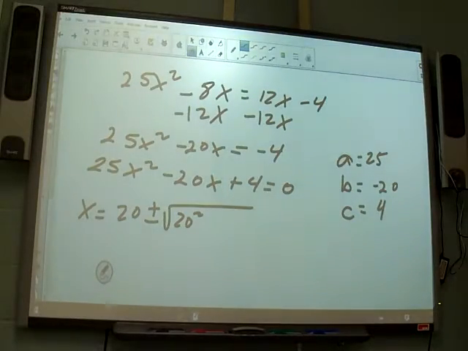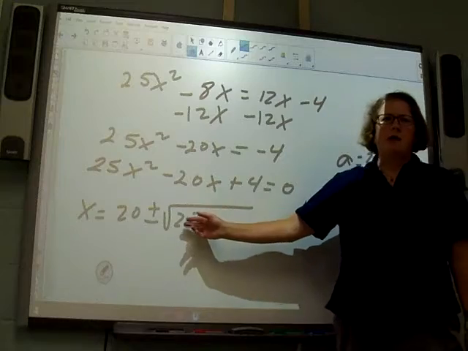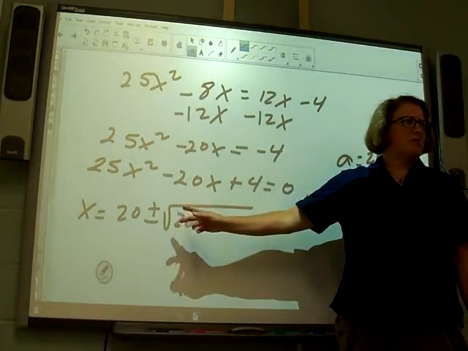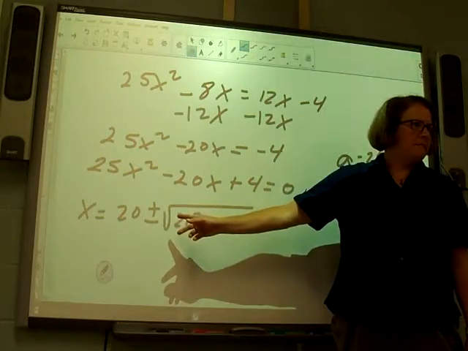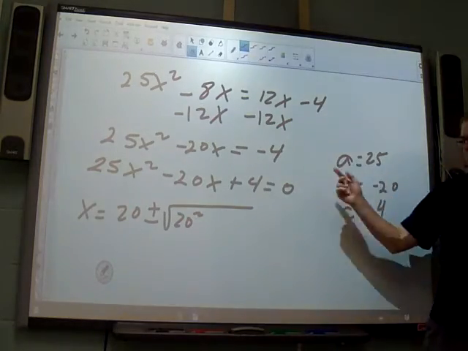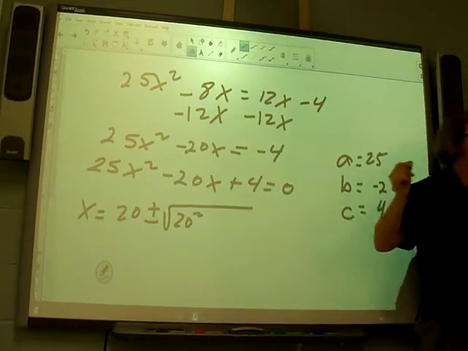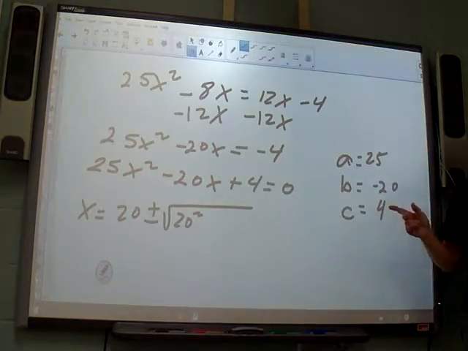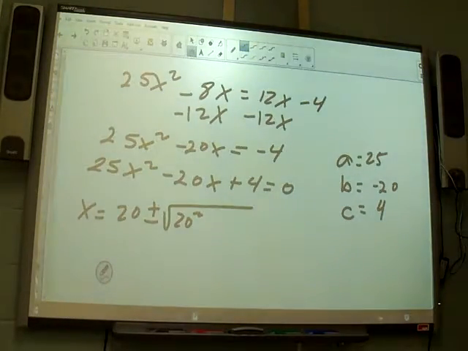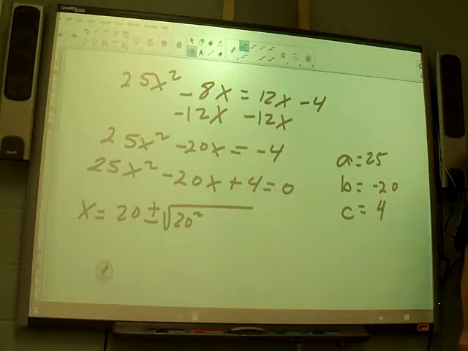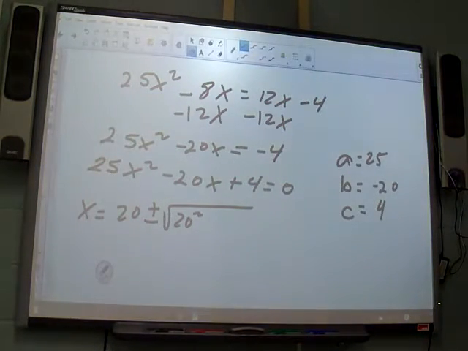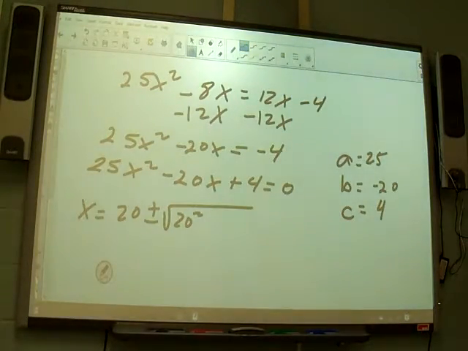Oh, okay. B squared. And y'all told me earlier, no matter what I do, when I square a number, my answer is positive. So even if it's the same, 20 squared or negative 20 squared would be the same. I do that a lot because no matter how many times I tell y'all, a lot of times you're going to grab your calculator and hit negative 20 squared and write down a negative answer.